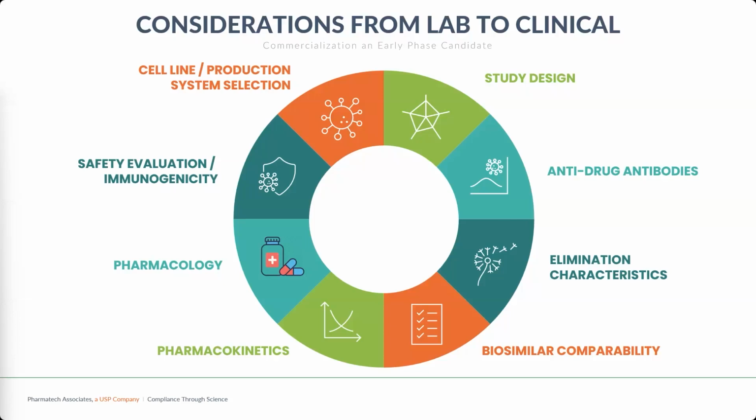Under those circumstances, this puts the onus on the biosimilar process development and discovery group to identify where that comparability is. And that goes through all aspects, from the structure to its function, its elimination, its safety, its immunogenicity, and so on and so forth.